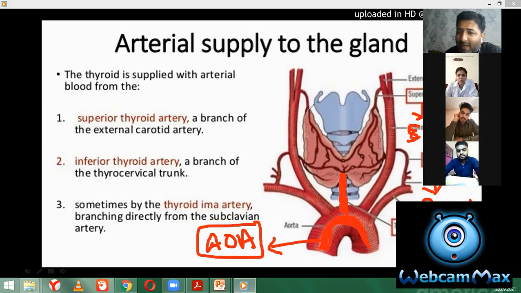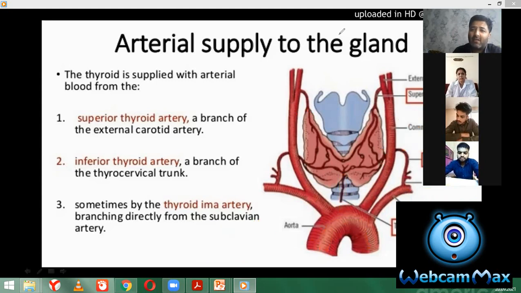You must ligate the superior thyroid artery near the gland, so you do not damage the superior laryngeal nerve. You have to ligate the inferior thyroid artery also near the gland. They used to say away from the gland, but now you have to ligate it also near the gland. Why? To prevent injury to the recurrent laryngeal nerve. Okay? Very, very important. You have to remember this.